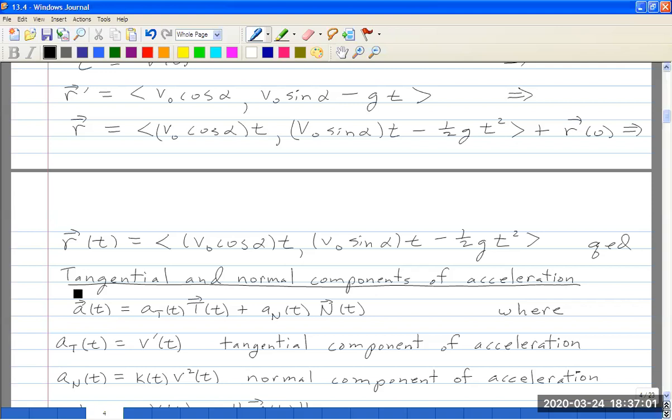And so I can write a of t is equal to some scalar, a sub t, times the unit tangent vector, plus a sub n times the principal unit normal vector, where a sub t is just the derivative of the velocity vector.